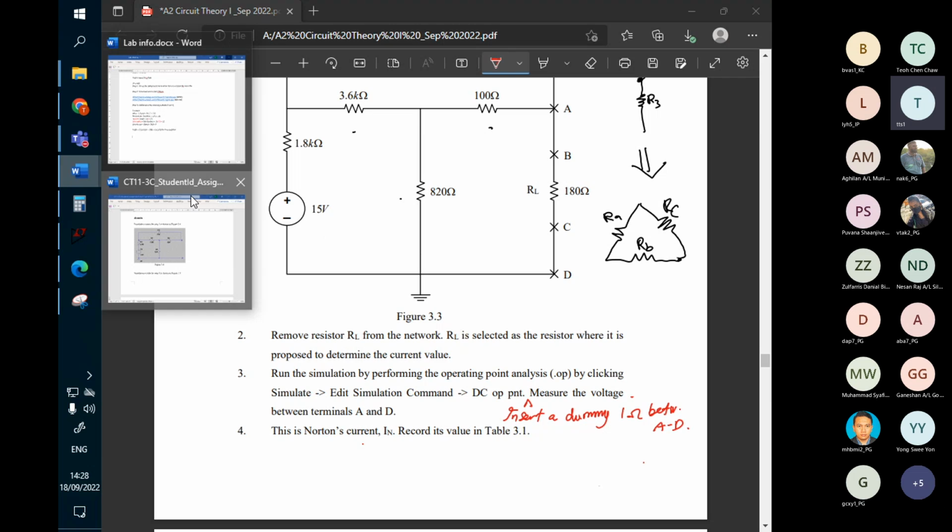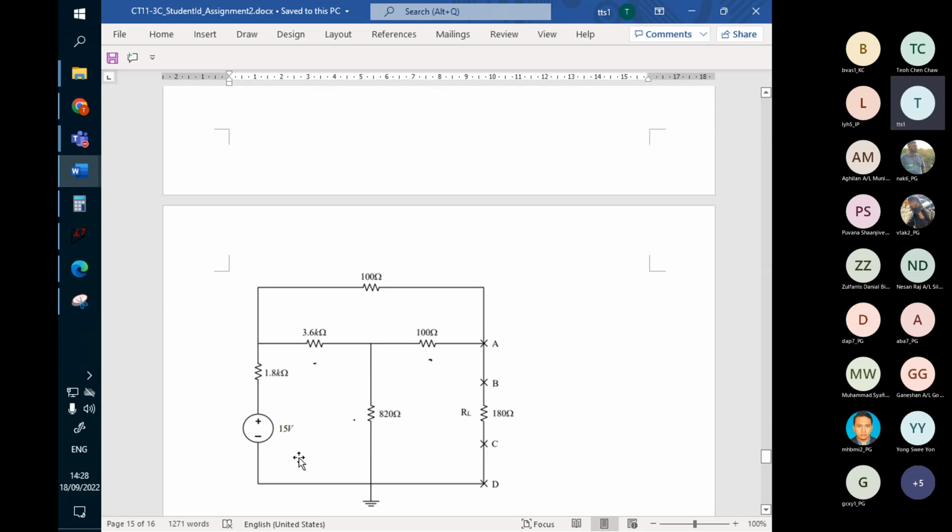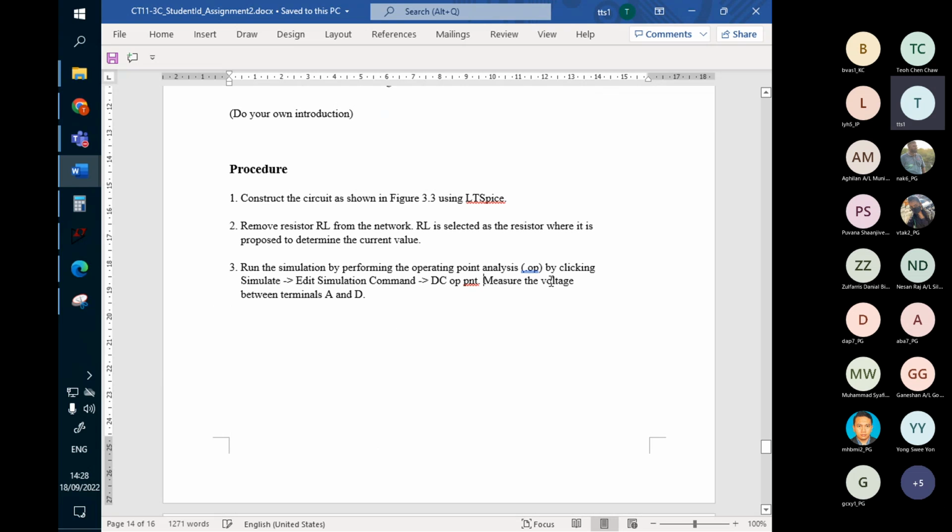Just go ahead and do this right now. Go to position number 3. Insert one more statement here: 1 ohm between terminals A and D. Then measure.